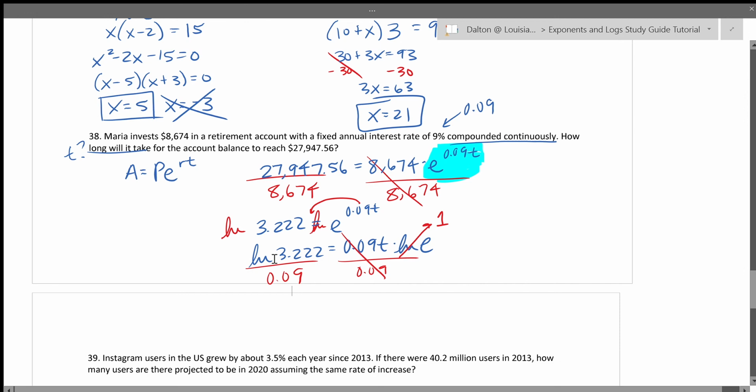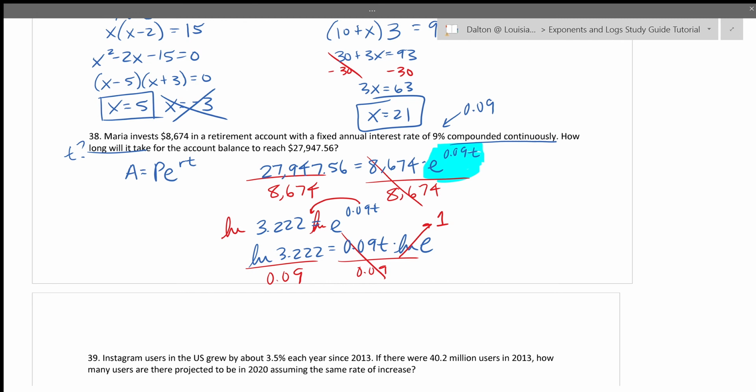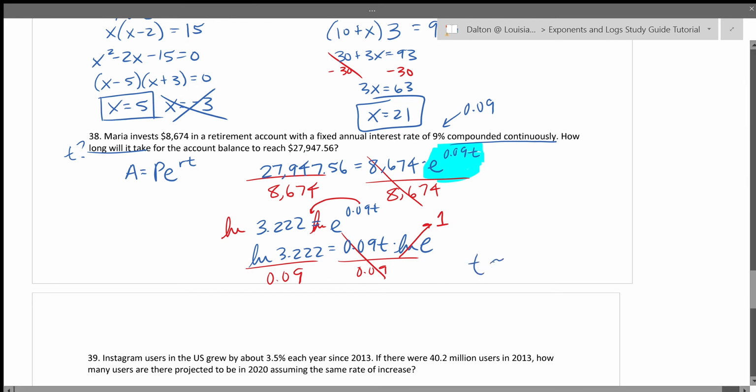So you'll take the natural log of 3.222, or hopefully you have that long decimal stored in your calculator. Divide that by 0.09, and it'll be pretty obvious, just like it will be on your test. These particular questions should, as long as you don't round too many times, be obvious that you're going to round to the nearest whole number for time. In this case it should be about 13 years in order for your profit to reach that $27,947 mark.